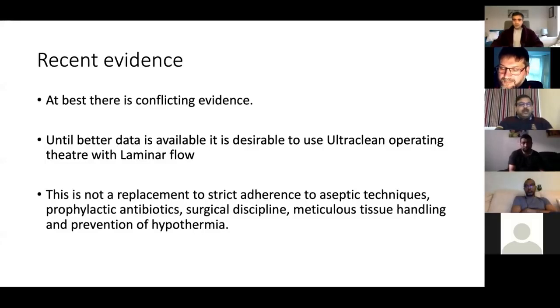One important point here which I found was, it is not a replacement to strict adherence to aseptic technique, prophylactic antibiotic, surgical discipline, meticulous tissue handling, and prevention of hypothermia. So the use of an ultra clean operation theater is not a substitute, but just an adjunct to these techniques of preventing surgical site infection.